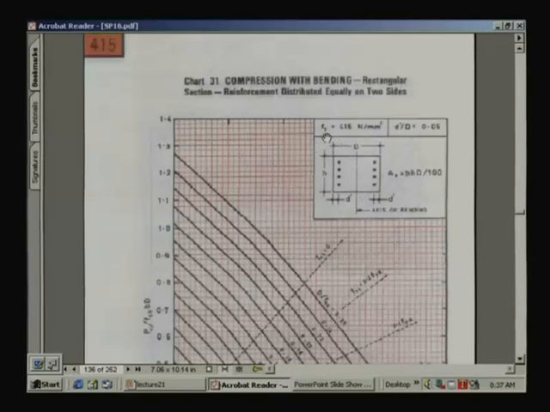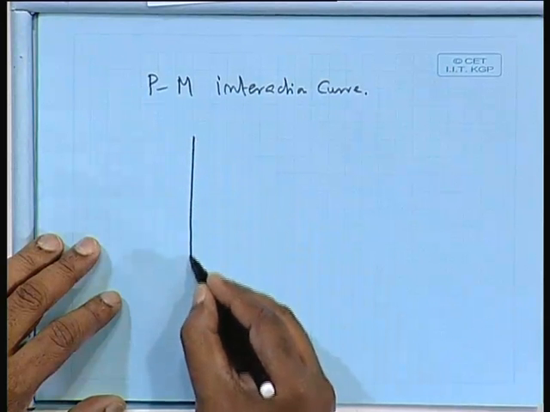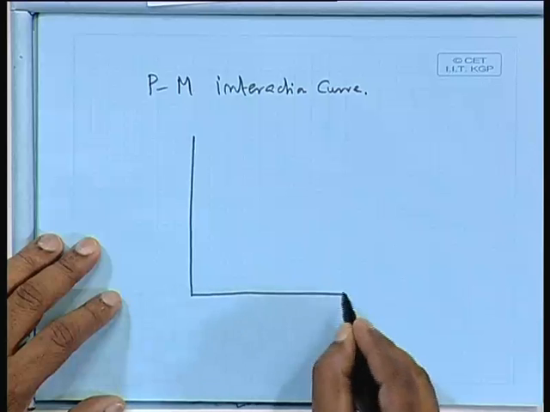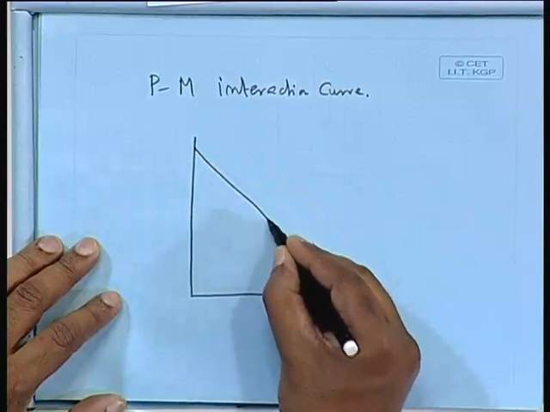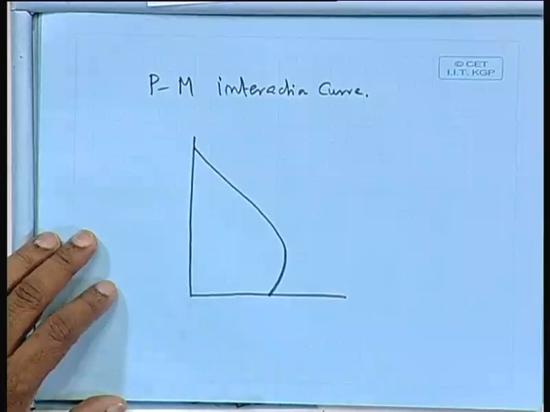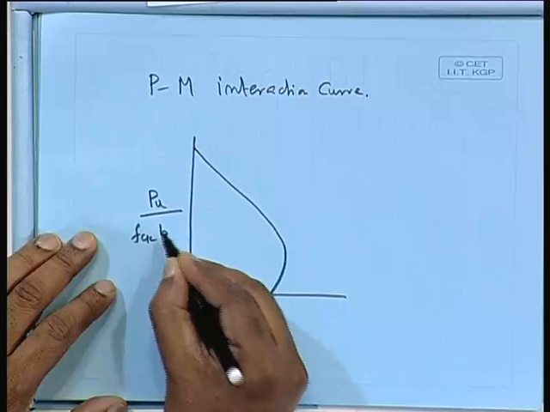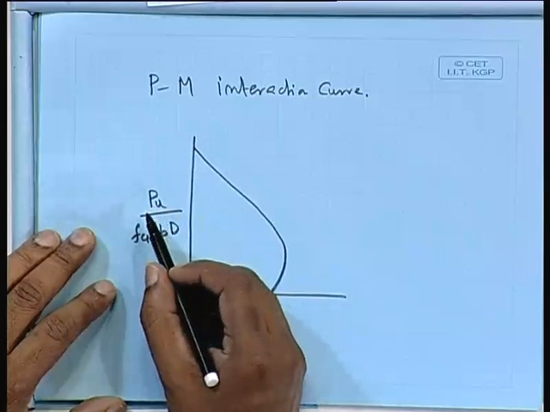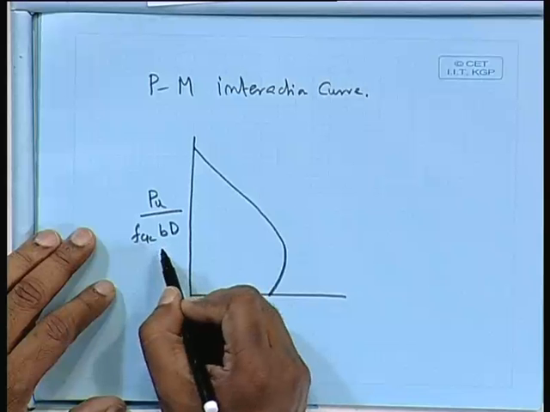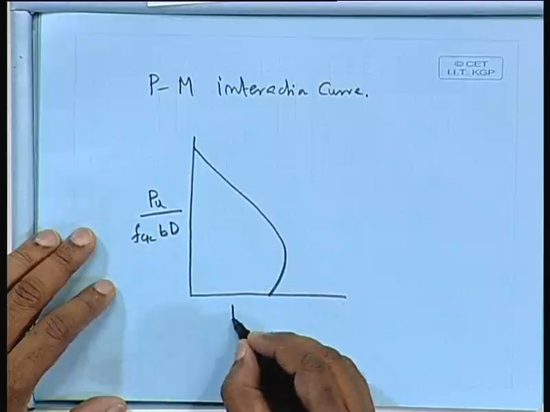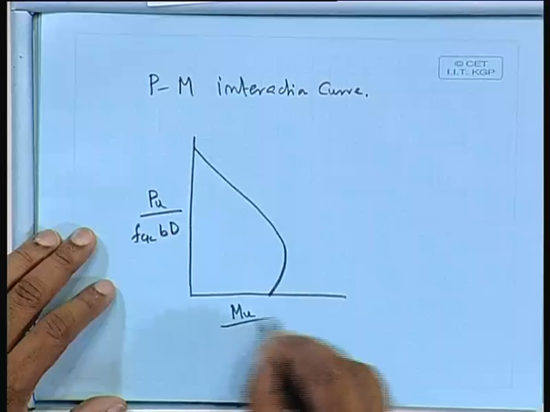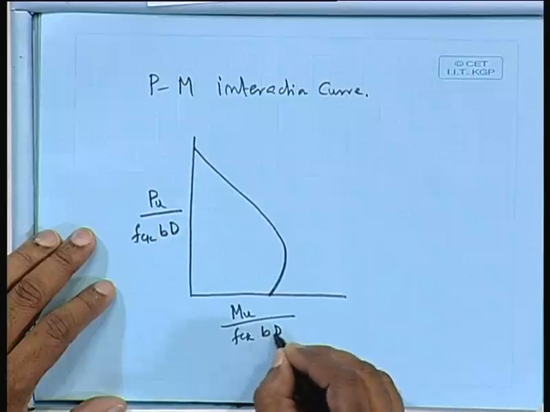This particular one is for Fy 415. Here we write down Pu by fck b D, where Pu is the design axial load, and Mu by fck b D square.